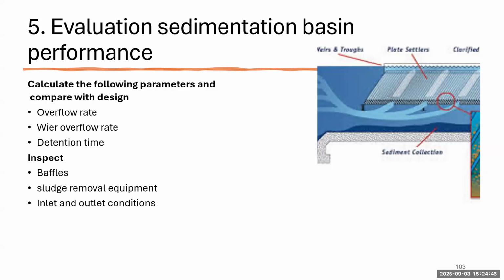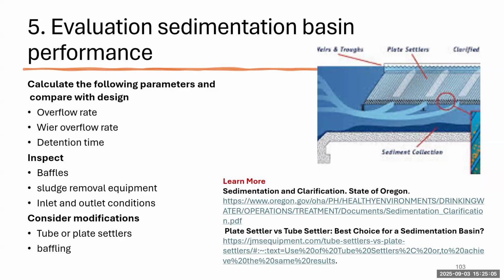And also inspect the sludge removal equipment, because if you're not getting complete removal of sludge, it could be leading to problems with turbidity. You can also consider some modifications, such as adding tube or plate settlers and adding baffling to improve the performance of the sedimentation basin.